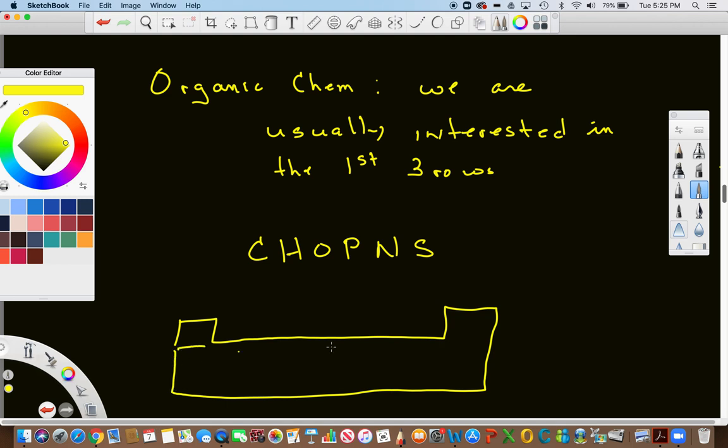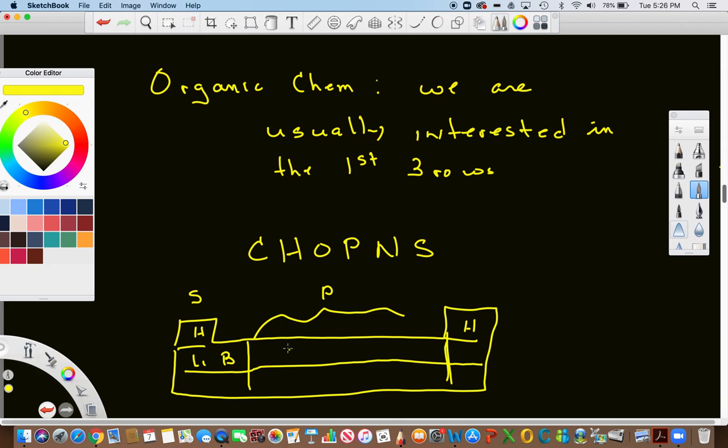So we're only interested in the first 3 rows, where we find things where this is the S block. This is helium over here, hydrogen here, lithium, beryllium, etc. And this is the P block in here, which means there's only 6 of these. 1, 2, 3, 4, 5, 6.